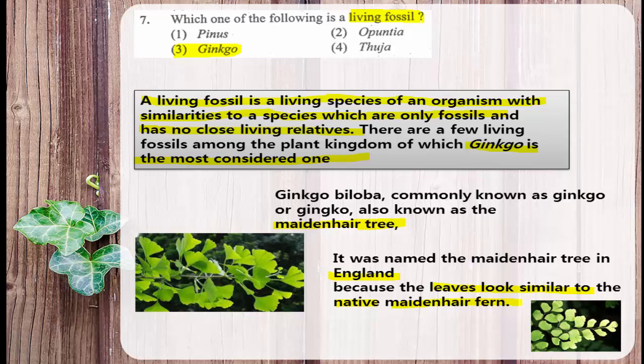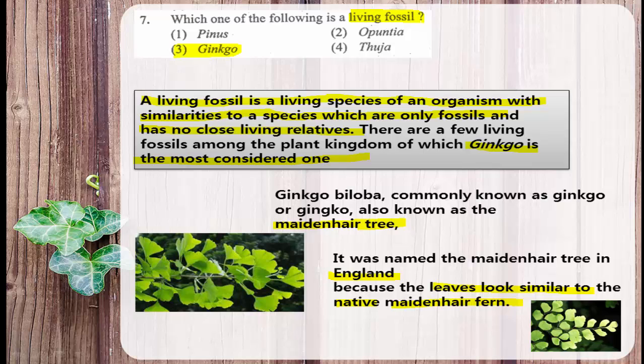I will show the image now. See, this is the maidenhair fern. Its leaves shape and structure is more similar with the leaves of ginkgo. That is why in comparison with the maidenhair fern of England, the Ginkgo biloba is commonly known as maidenhair tree and the name is given in England. So the right answer for this question is option 3.